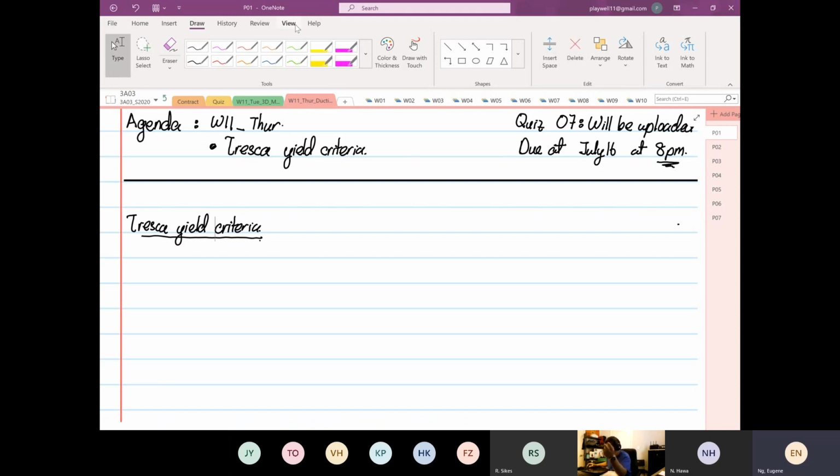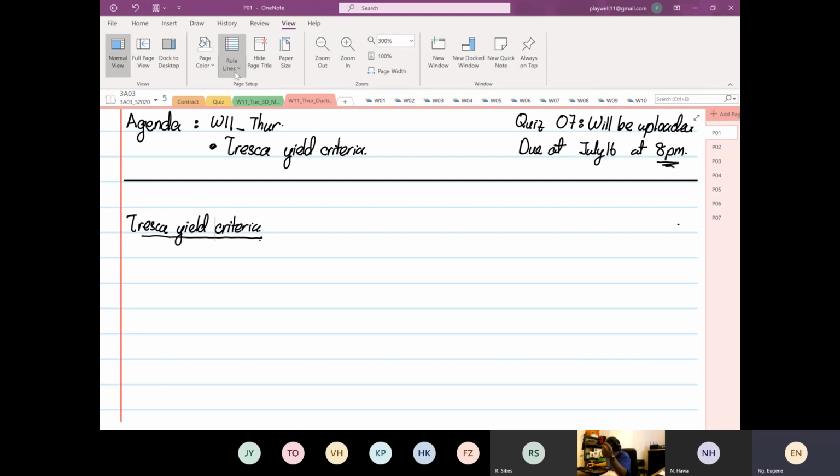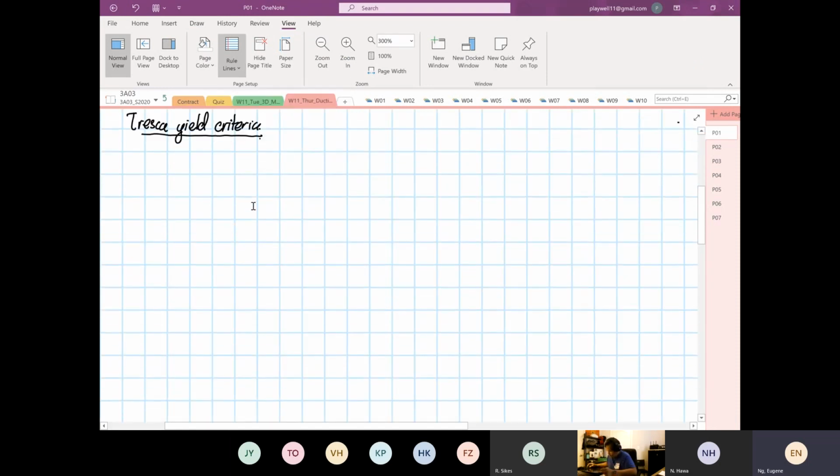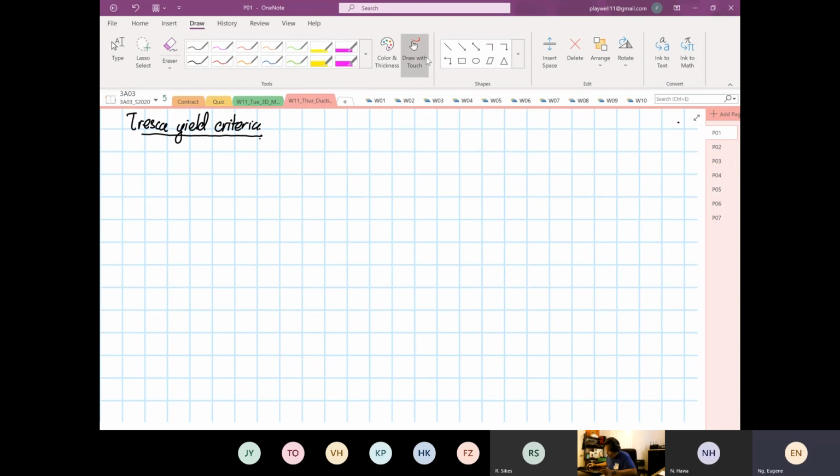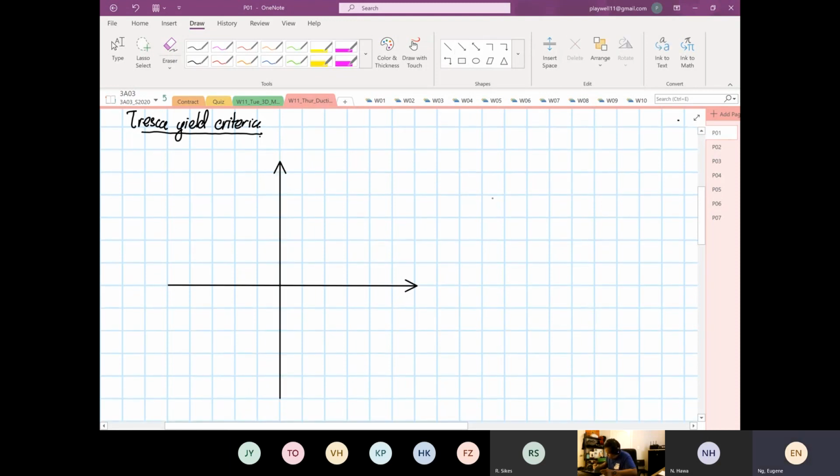If I were to draw this, this is the operating region within Tresca's criteria. You can see over here I'm going to have two axes. One is known as stress A, and the other one is stress B. Let me define stress A and stress B as the principal stresses.